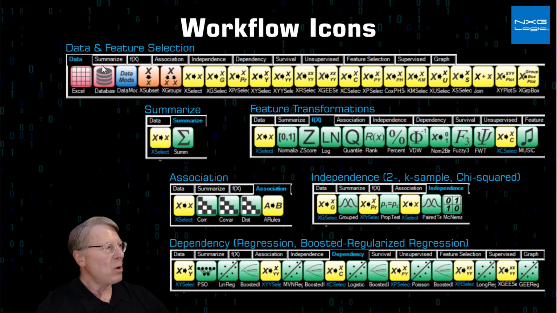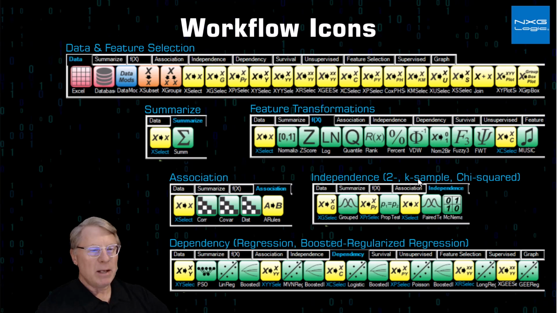With regard to the workflow icons, there are a series of data and feature selection icons shown here at the top. A set of summarize icons, a set of feature transformation icons that can be dropped onto the workflow. Here I show the association icons.